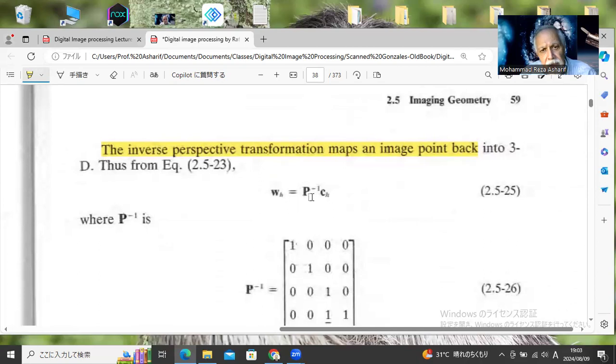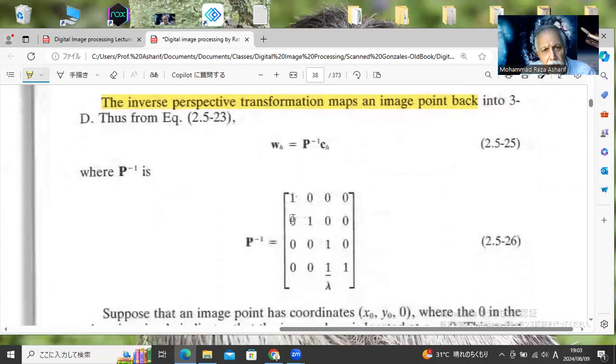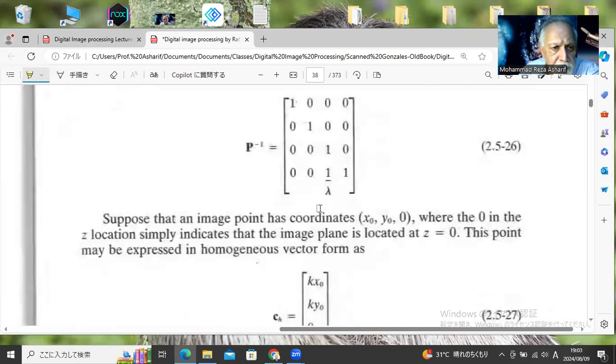So we put P inverse times CH equals WH. So we make this P inverse, which is this one. If you compare with the previous one, only the minus is removed from here.